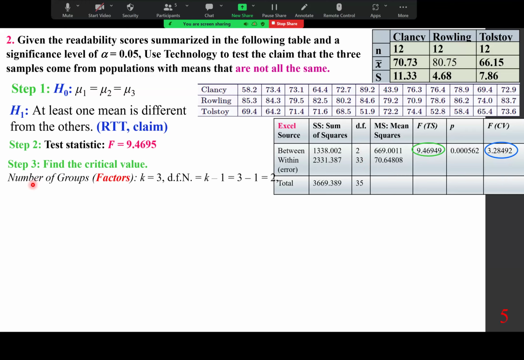In other words, the number of groups or factors is k equals 3. Degrees of freedom of the numerator is k minus 1, 3 minus 1, or 2. Total sample size is 36. Subtract the number of categories, 3, and you get 33. And that's what we have here. And with alpha 0.05, we have F equals 3.2849.